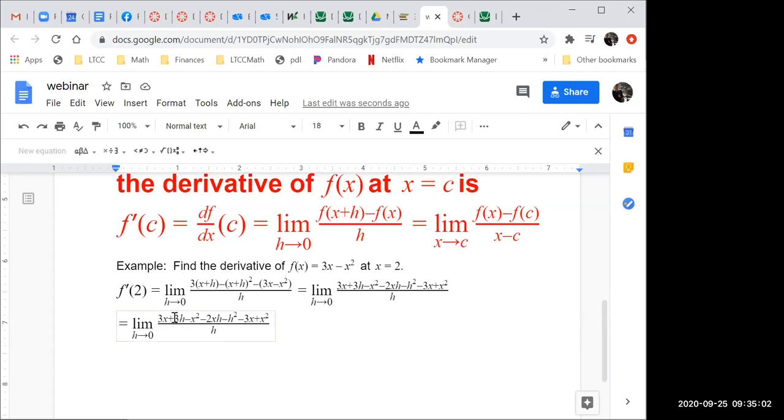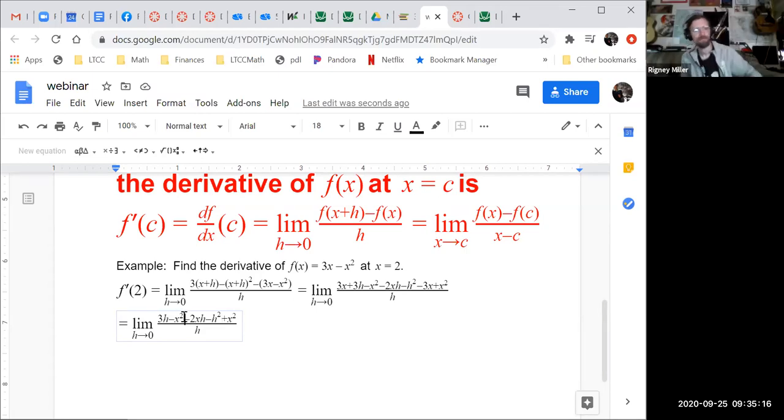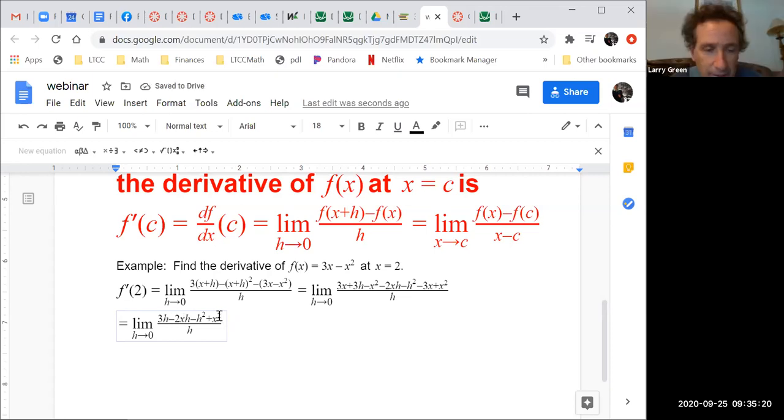Yep, cancel the 3x and minus 3x. Let's kill them. So I can cancel out the 3x with the minus 3x. What else goes away? X squared. Yep, we have a minus x squared, and we have a plus x squared. Any questions so far? Okay, we're getting there.